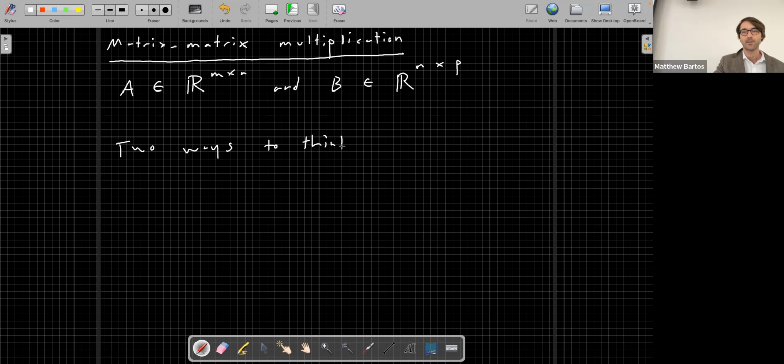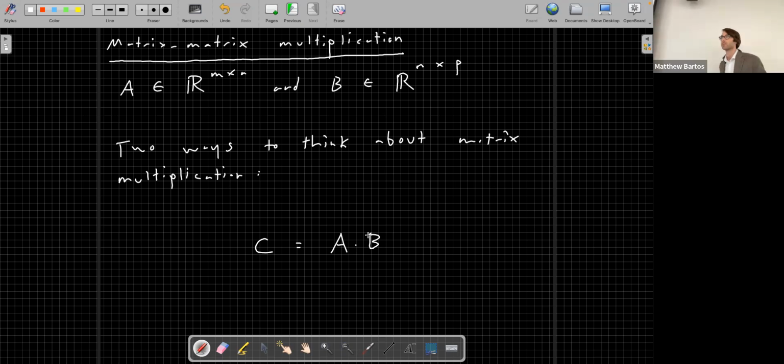And to be clear, we are talking about C equals A times B. There's two ways to think about this operation.